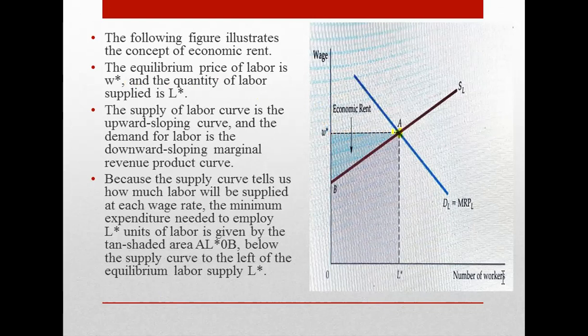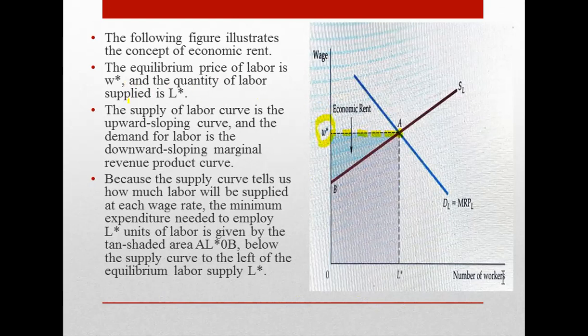If you extend a dotted line from point A to the vertical axis where wage is shown, it will come here, and here we have W star. So W star is the equilibrium wage rate.